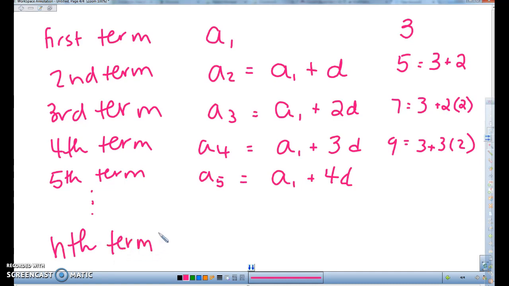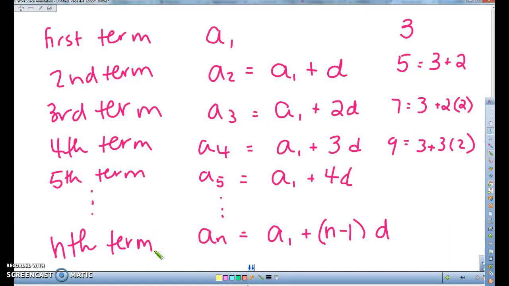And our nth term is just a sub n and we will write it as a sub 1 plus, if it's the nth term, let's think about it. When it was the fifth term, this isn't 5. It's not the n times d. It's 1 less than n. So n minus 1 times d. This part down at the bottom, the nth term part, is important to remember.